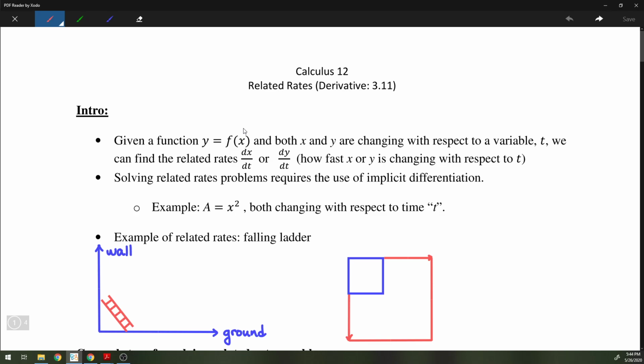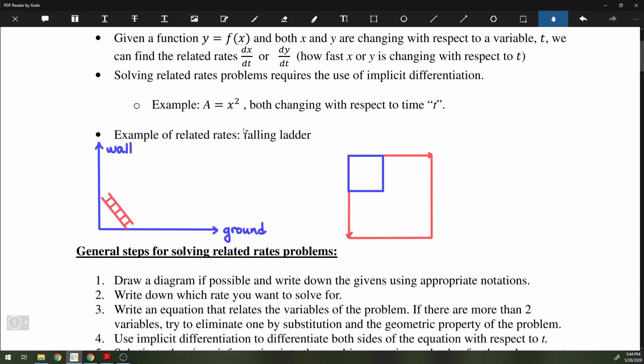Now, solving these related rates problems often requires the use of implicit differentiation. So if you look on the right here, we're given an example in terms of the area of a square. Area is equal to x squared, and suppose x is changing with respect to some time variable t. We can label this diagram here. The sides are x.